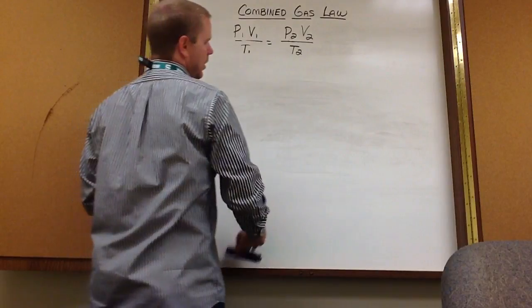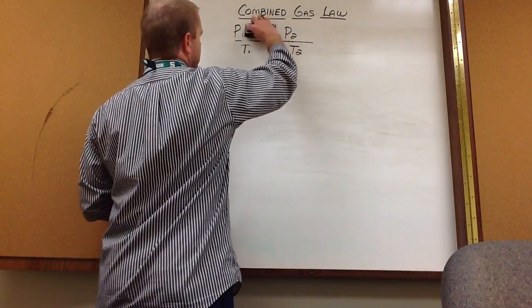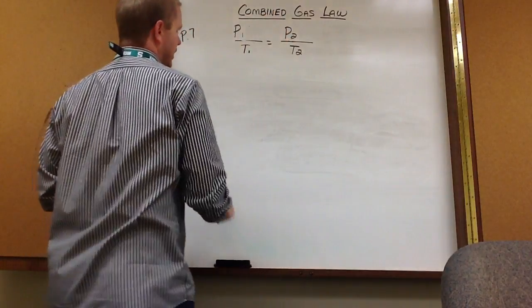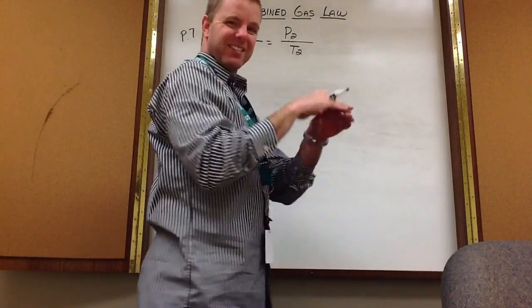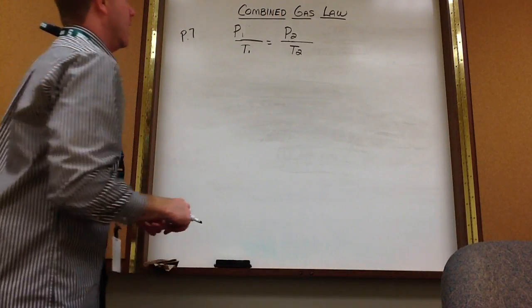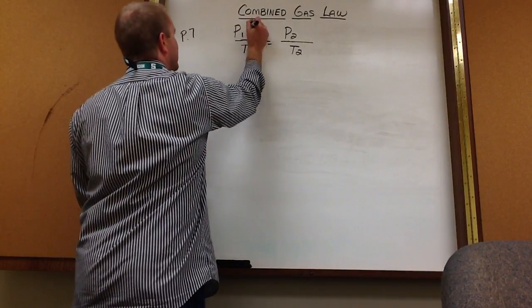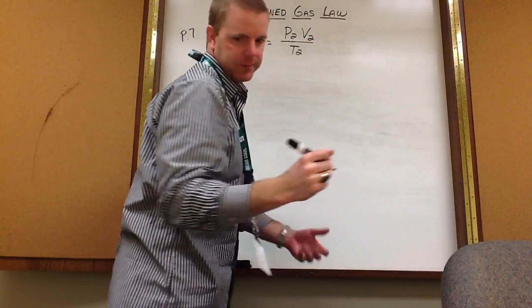Let's say I gave you a pressure, 2 temperatures, and asked you for the other pressure. Well, get rid of the volumes, because we never mentioned anything about volume, or that it stayed the same. If it stays constant, then you can just assume Gay-Lussac's law. So, cool law, the combined gas law, because it takes the 3 laws and puts them together.